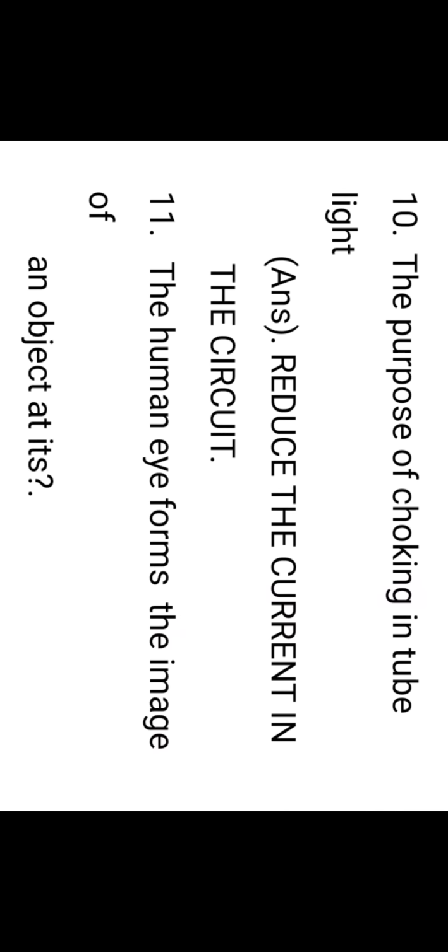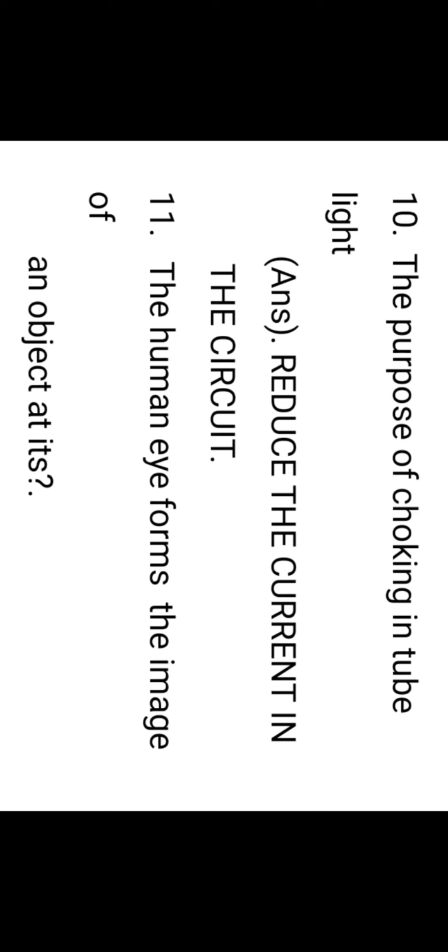The next question: the purpose of the choke in a tube light is to reduce the current in the circuit. Generally, the mercury vapor produces ultraviolet radiation, which interacts with the phosphor coating on the inner wall of the tube light, and the phosphor produces the glow of light emitted from the tube light.